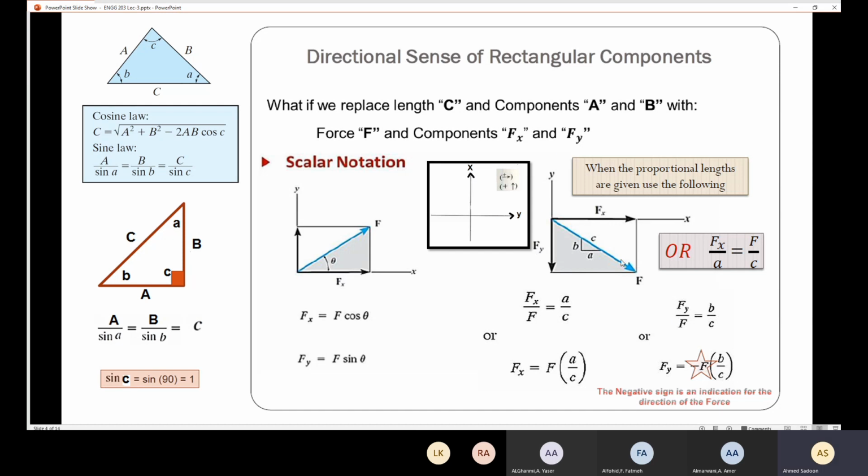If it was up, then it would be positive. Because if the force is in that direction, it will be decomposed into positive x and negative y. If the force was here in that quarter, then it will be decomposed into negative x and negative y. If it's here, it will be decomposed into negative x and positive y.